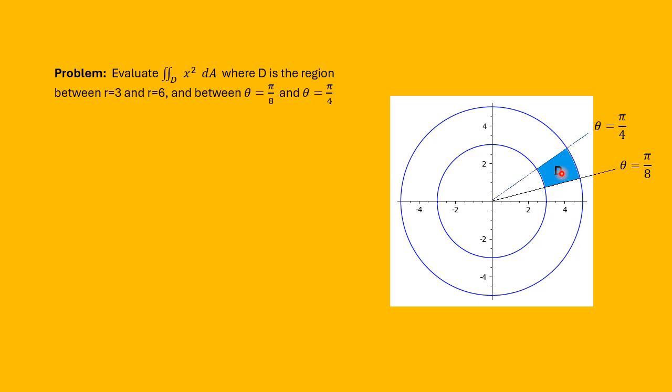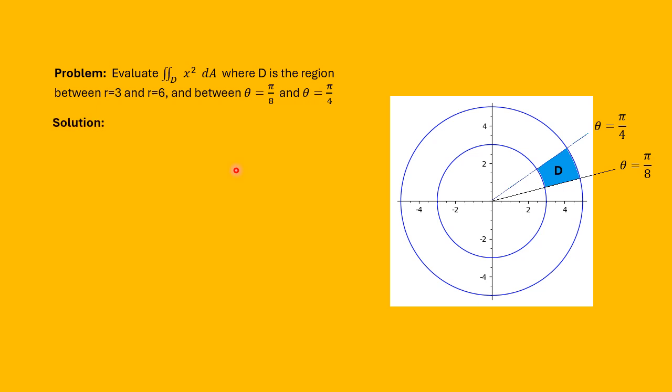This region is bounded by this circle, r equals 3, and this circle out here, r equals 6, and two rays coming out from the pole, theta equals pi over 8 and theta equals pi over 4. So this is the region that we're going to be integrating over.